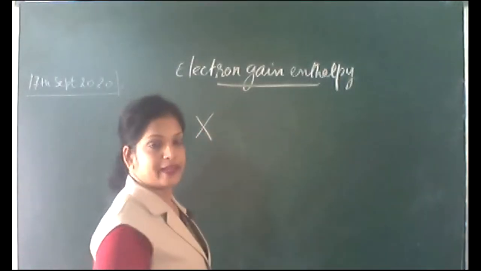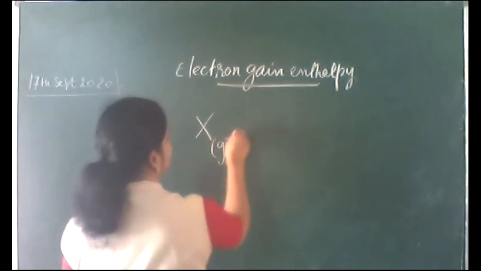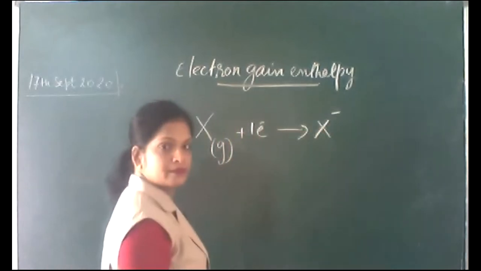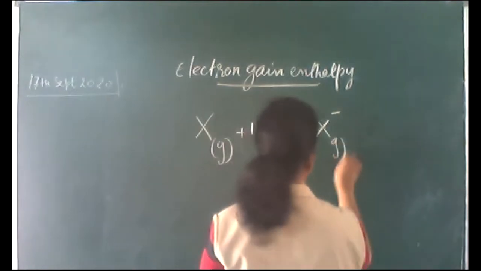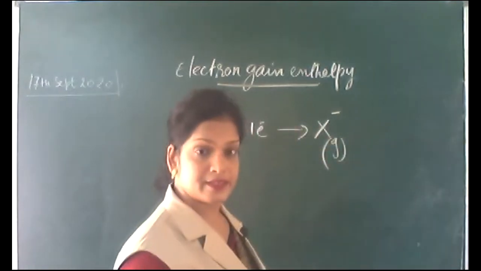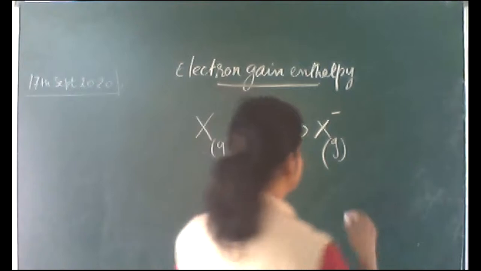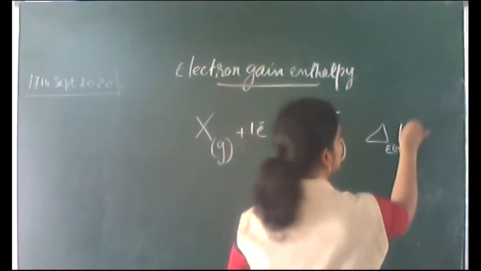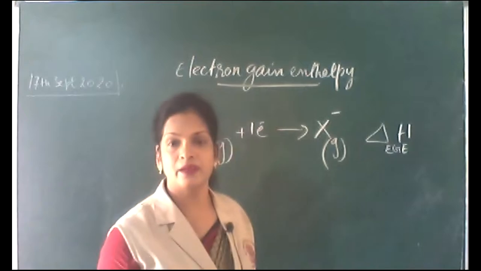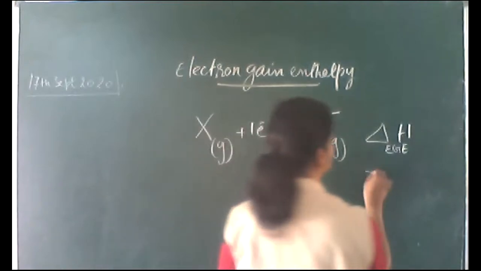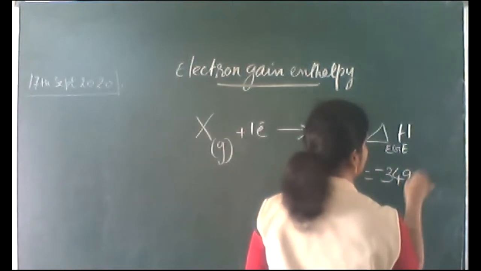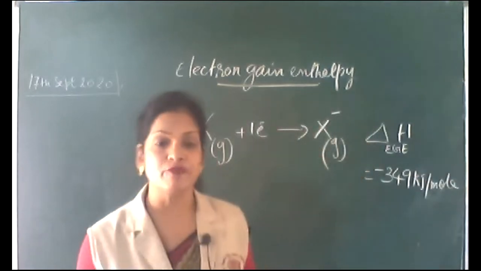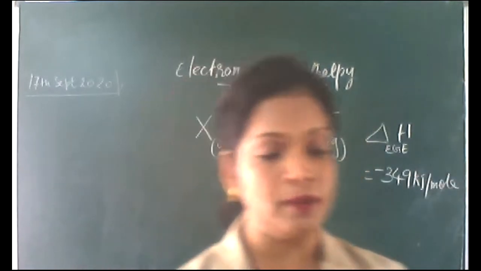Generally, if I write X in the gaseous state, when it takes one electron, it will change to X minus in the gaseous state. The amount of energy released will have a minus sign. So here, delta EGH, we call it electron gain enthalpy, delta H in this case is equal to minus 349 kilojoules per mole.